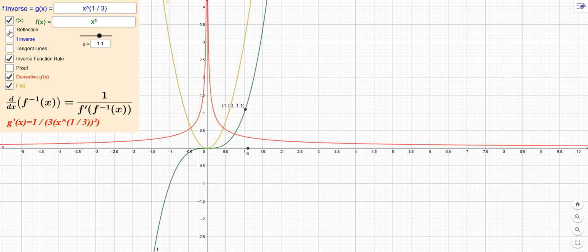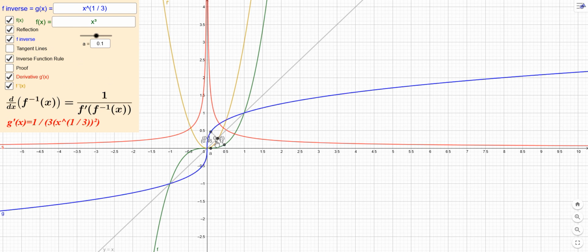So when we look at a reflected point here, you take the derivative at this point on one, it's the derivative of the other one at this point. Those two derivatives are reciprocals. Okay, so anyway, that illustrates what's going on there with the inverse function rule.